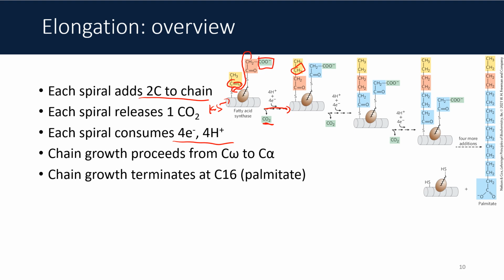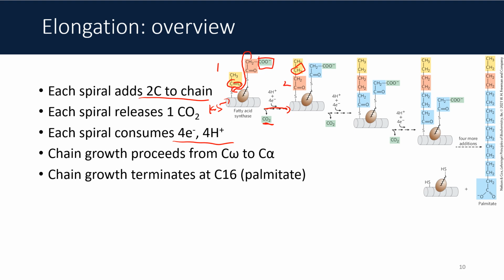I also want you to take note that as we add on each 2-carbon unit, we're actually building from the omega carbon to the alpha carbon. Take a look at this graphic over here again. Chain growth begins with this yellow acetyl. Then we add in this orangish acetyl from the ACP domain right underneath it by driving off a CO2.